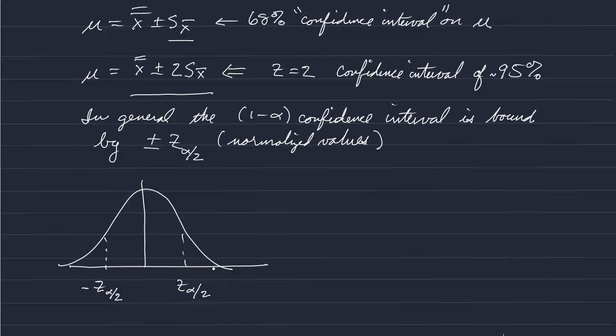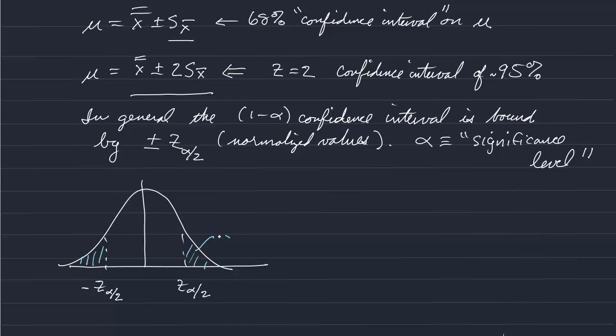So in this situation, alpha is equal to the significance level, and it describes the area to the left of minus z sub alpha over 2 plus the area to the right of z sub alpha over 2.